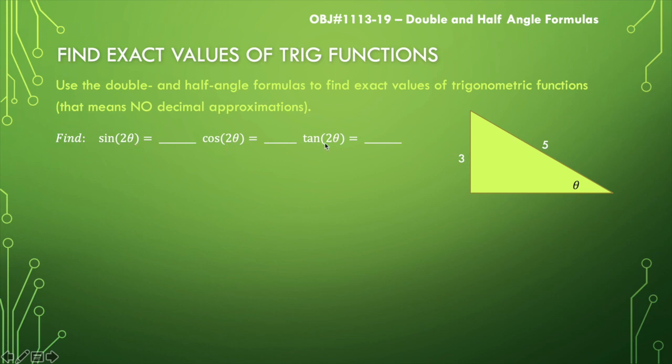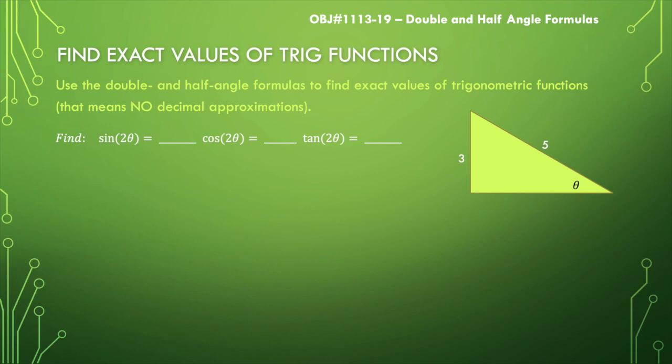Now we can use decimal approximations and use our calculator and do an inverse sine to find the measure of theta and then double it and do all that good stuff. But what we're tasked with here is finding the exact values, which means I'm going to need to use those formulas, okay?